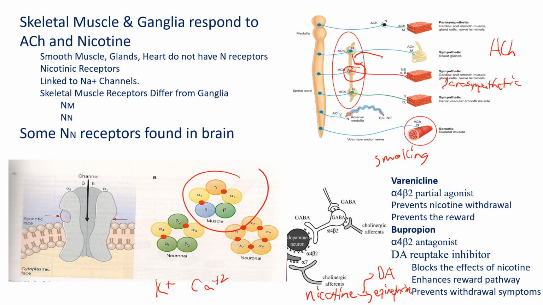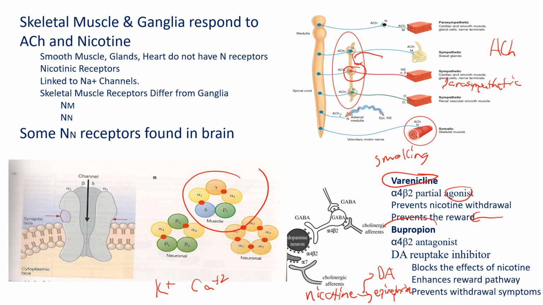So we have a couple drugs that are prescription only that can kind of go against this withdrawal from nicotine. You have varenicline. This is a partial agonist of dopamine receptors, and this will essentially prevent nicotine withdrawal, so it kind of gives you some of the reward.